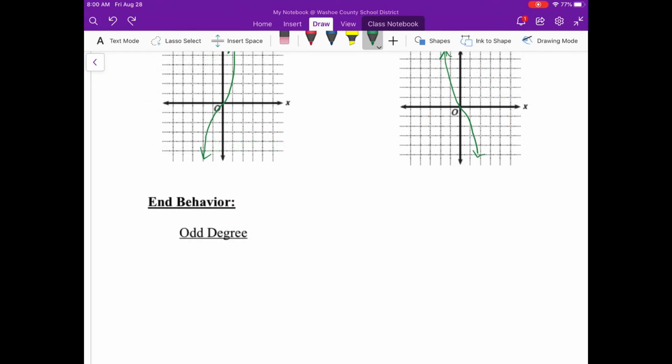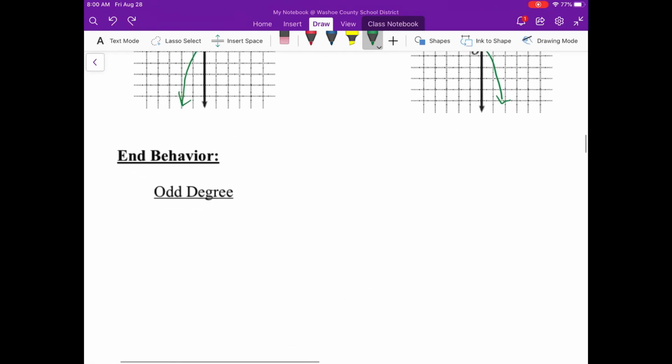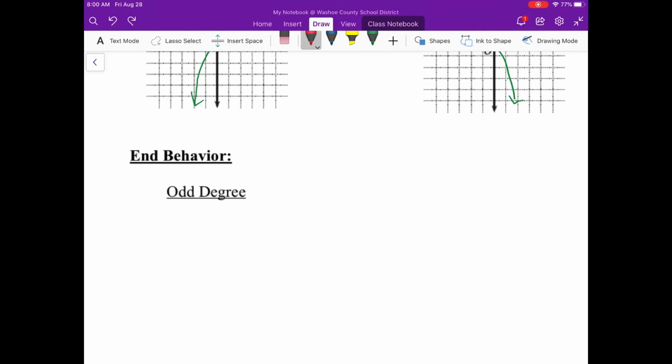So now that we looked at the general graphs up to exponents of 5, let's talk about end behavior and what this means, okay? So end behavior is a term that helps us describe what's happening to the graphs as we approach x from both sides. So I'm just going to write that down really quick.